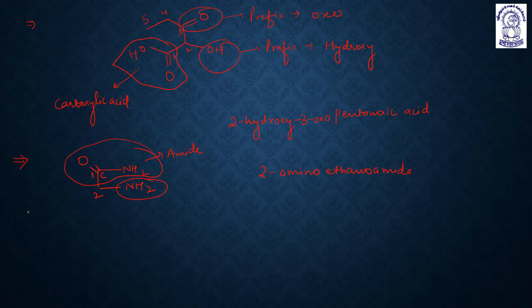Okay, now the second rule for writing the polyfunctional compounds is: when the principal group is selected, then there is no use of the priority table.